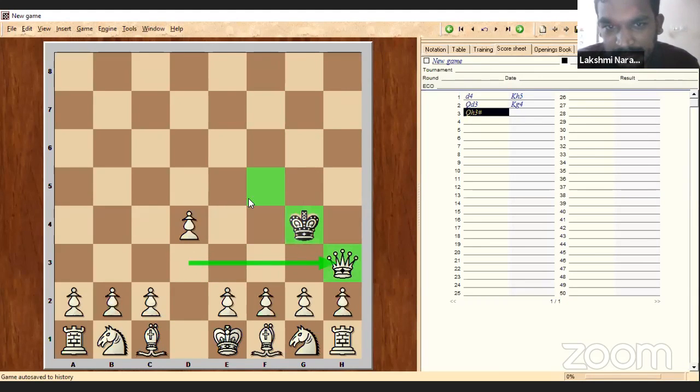Even though the queen loses control over this diagonal, it is taking these squares and the bishop is also controlling. It's very good coordination here. So white just mates.